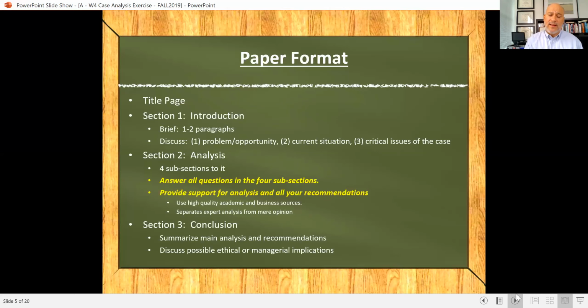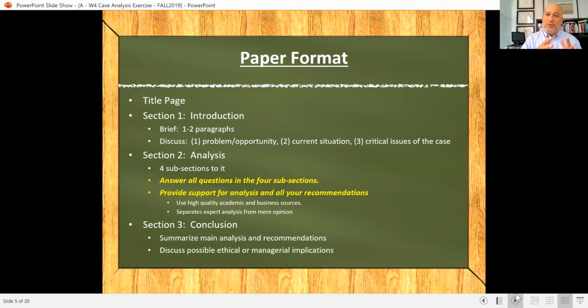Your support, and I'll be looking for that throughout, will use high quality academic and business sources. We'll talk about that more. And this, of course, will separate what you'll be offering in this paper, which is expert analysis, from mere opinion and conjecture. The third section will offer a brief conclusion where you'll summarize your main analysis and recommendations and discuss possible ethical and managerial implications.